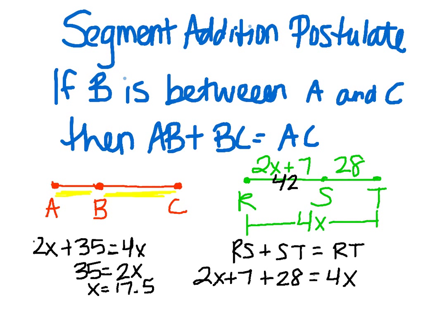So when I plug in 17.5 with the 4x, I should also get 70. So 17.5 times 4 is 70, so I've checked my work that RT is in fact 4 times the x value, and I know that I've done the problem correctly. So that's segment addition. You're just literally taking two segments, adding them together to get the total length.